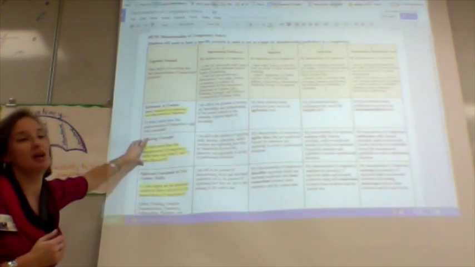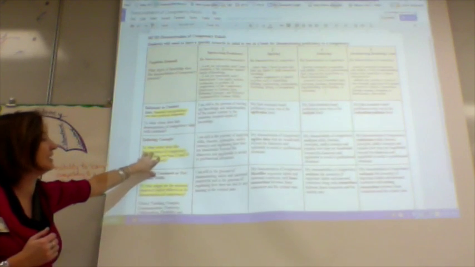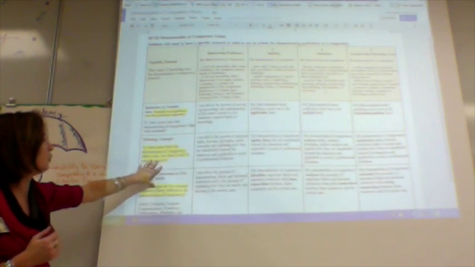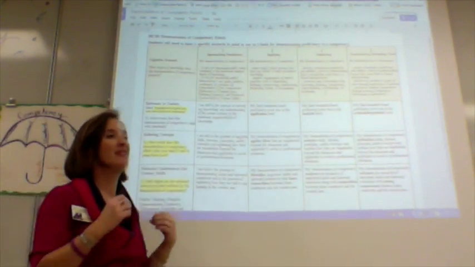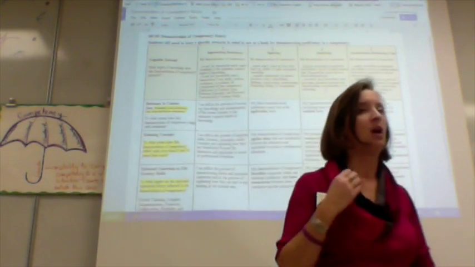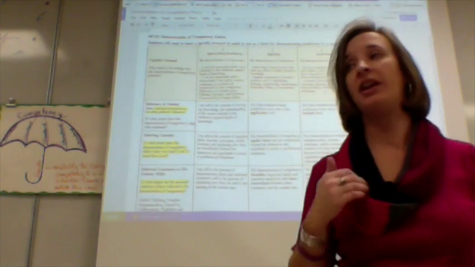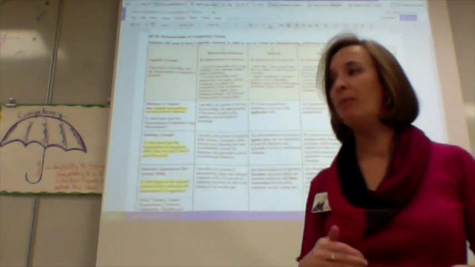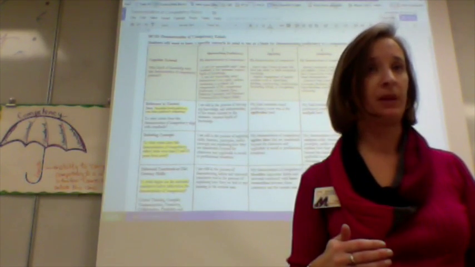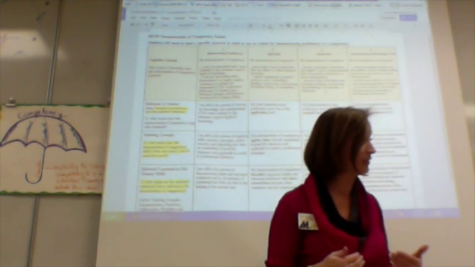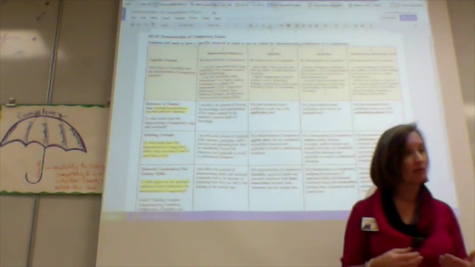The first part is talking about enduring concepts. So this part in highlight says, to what extent does this demonstration of competency reflect value over time, 5 or 10 years from now? In other words, why does it matter that I know these skills? How am I going to apply these skills 5 and 10 years from now? And when I'm talking about skills, what skills am I talking about?